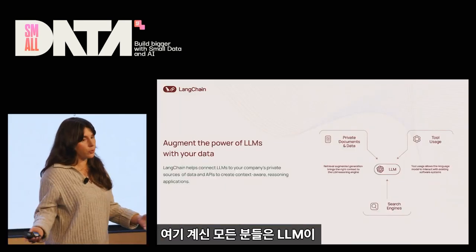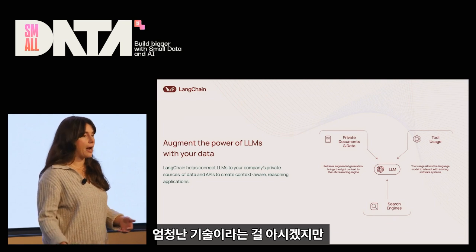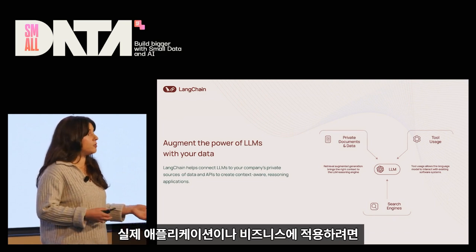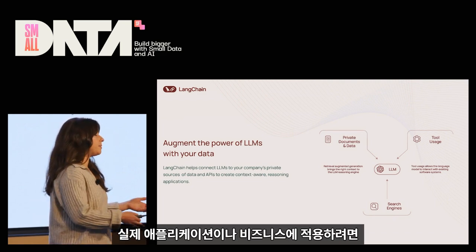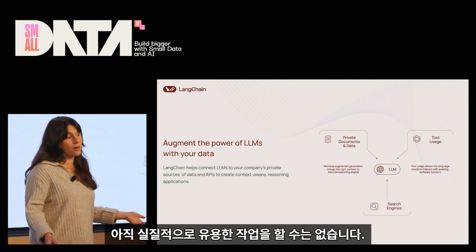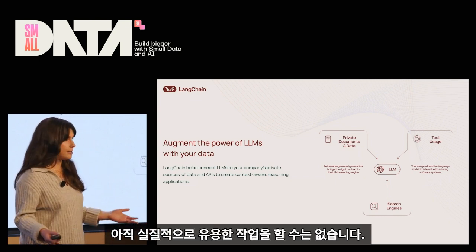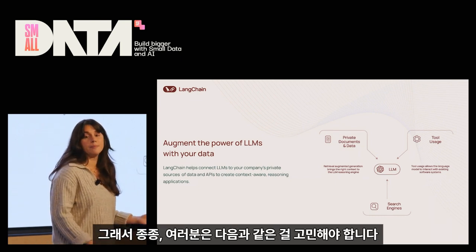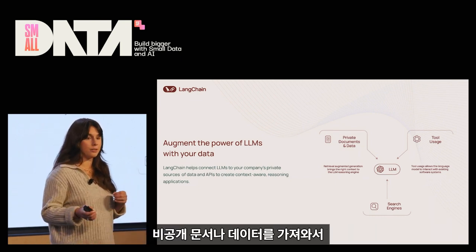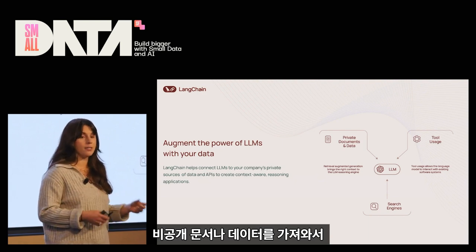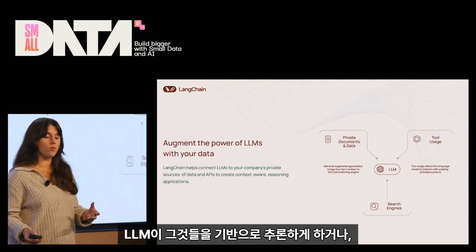Everyone in this room knows that LLMs are extremely powerful technology, but if you want to use them in the context of your application or your business, they don't know how to do useful things yet. Often that means you have to bring it private documents or data so that it can reason over them.